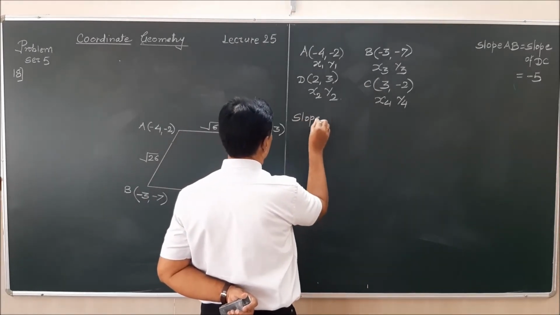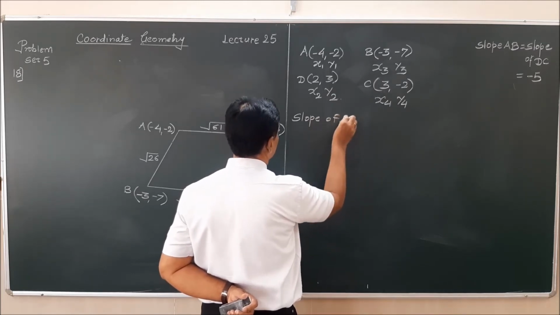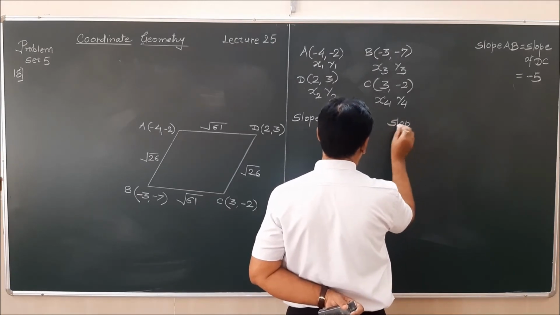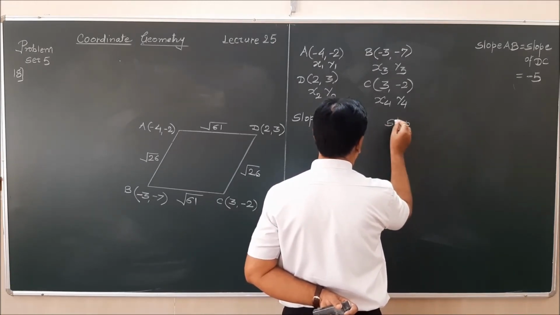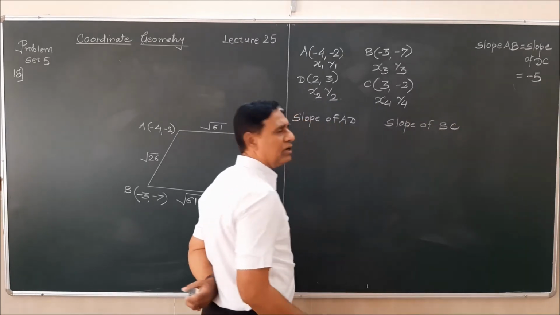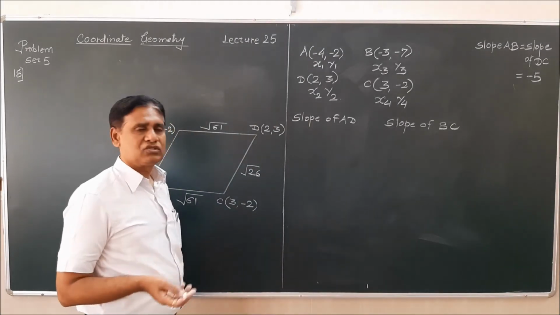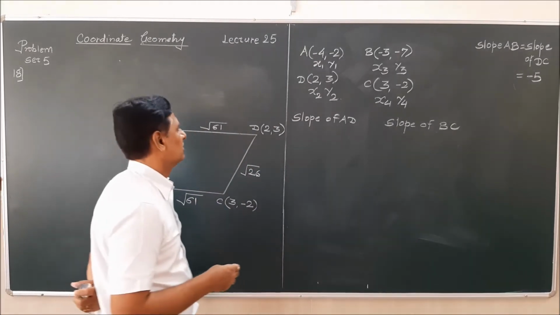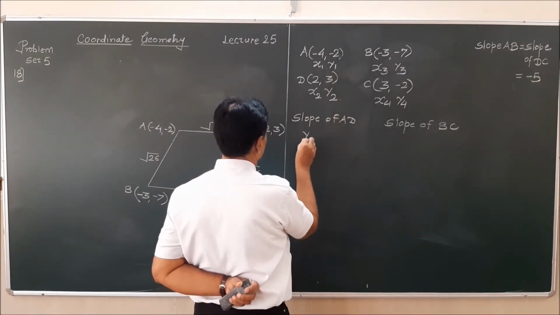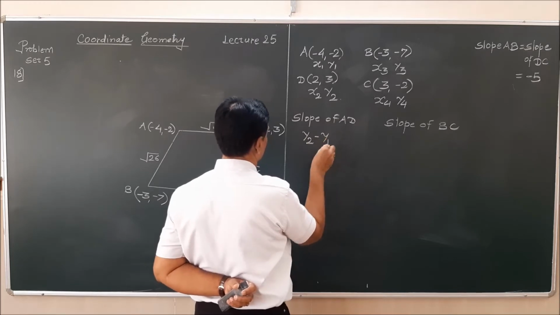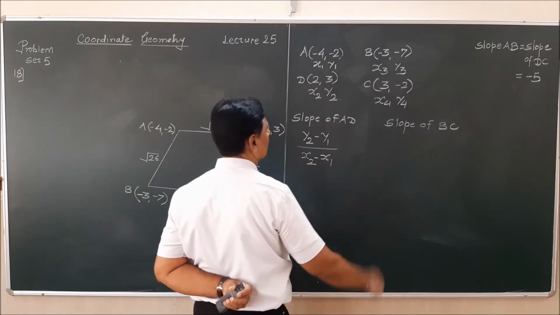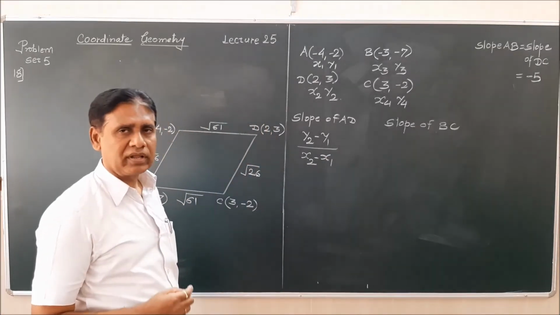Now you will find again slope of AD and slope of BC. I am going to see whether slope of AD and slope of BC are same or not. So slope of AD is equal to y2 minus y1 upon x2 minus x1.